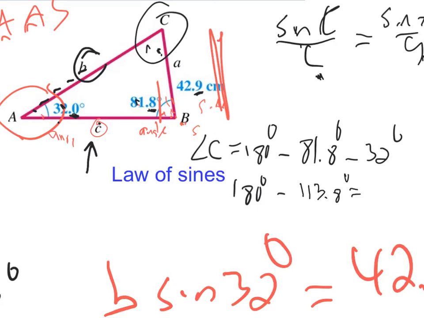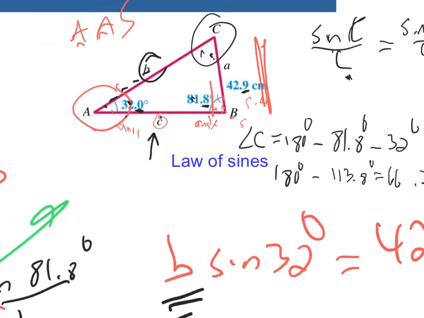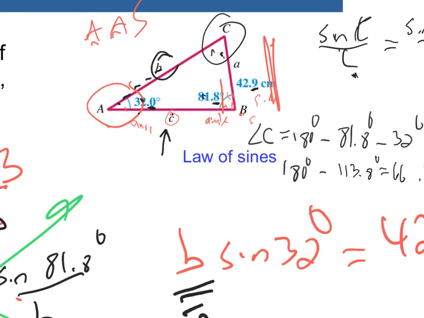I'm hoping the answer will be a 0.2, and that rounds it up to 114. Go ahead and use your calculator. I'll wait for you to come back. 66.2 degrees, according to my calculator. So great. We have angle C.